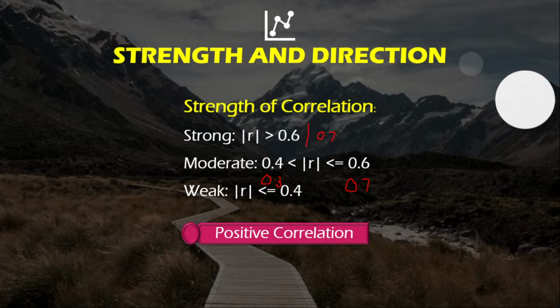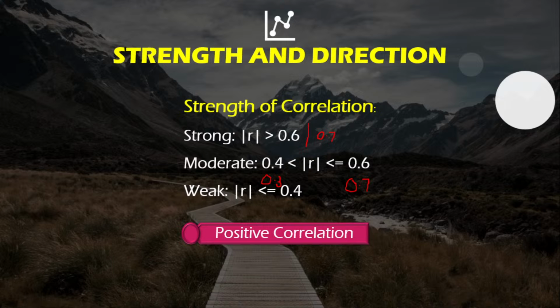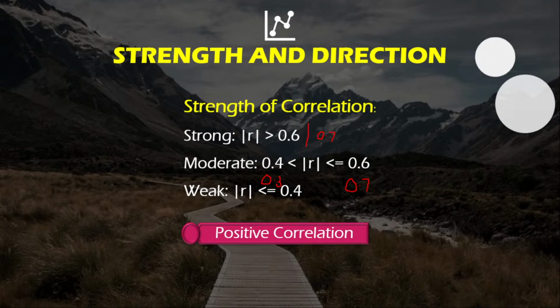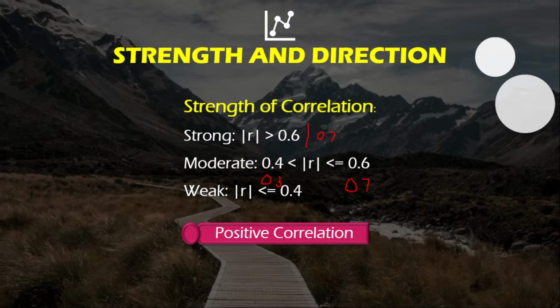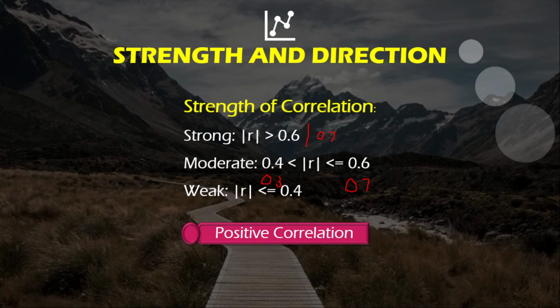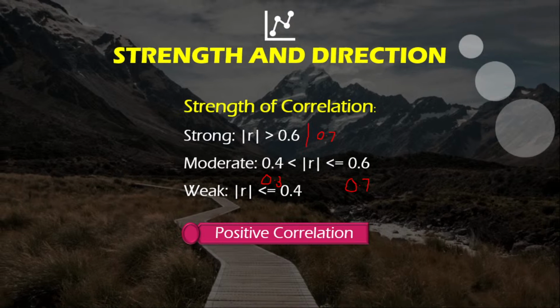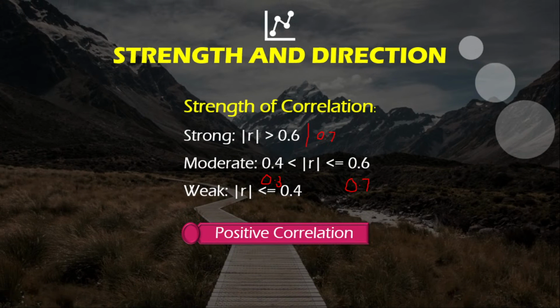If I experience a positive growth and that is also seen in us, that is to say the relationship is positive, because an increase in one variable leads to an increase in the other variable. So we say it's a positive correlation.